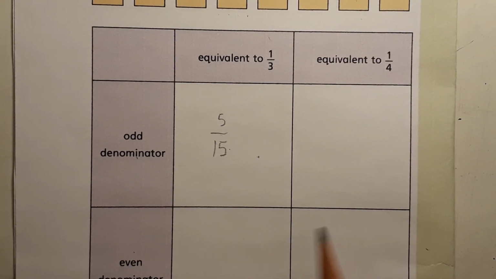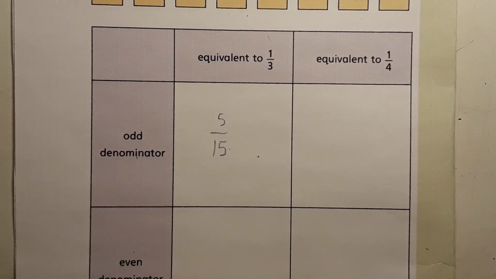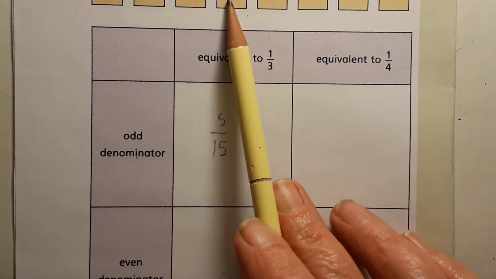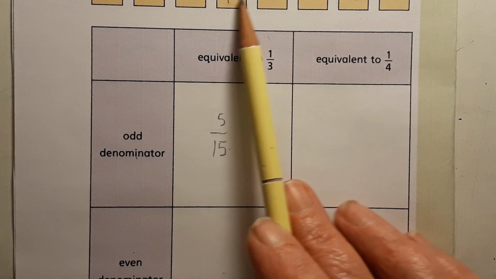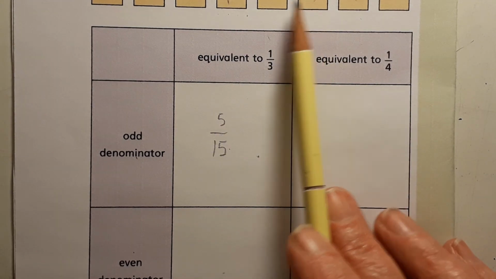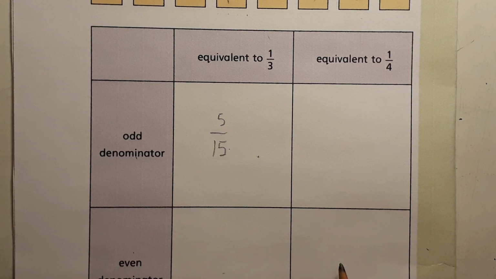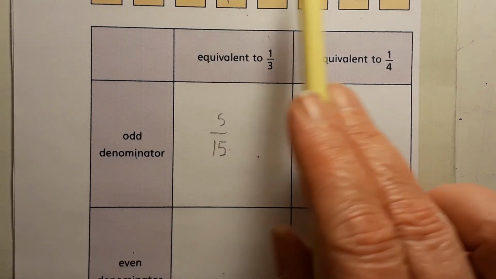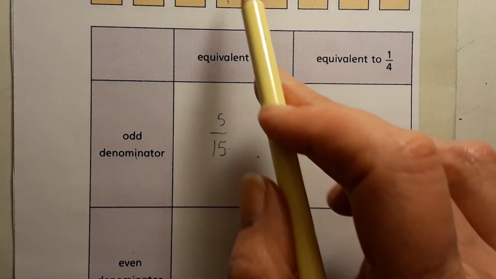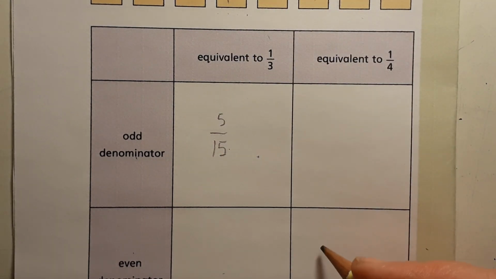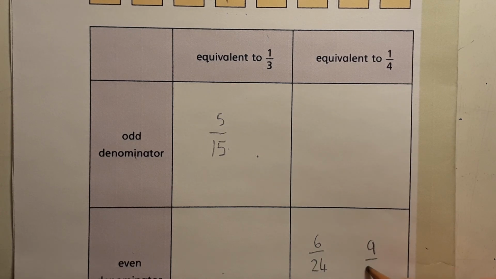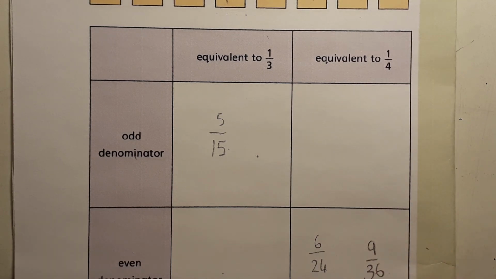Okay, and now it's got to be an even denominator. Okay, 24 and 36, but it's also got to be equivalent to a quarter. So these two are equivalent to my quarter, and they have an even denominator, so they would go in this box.